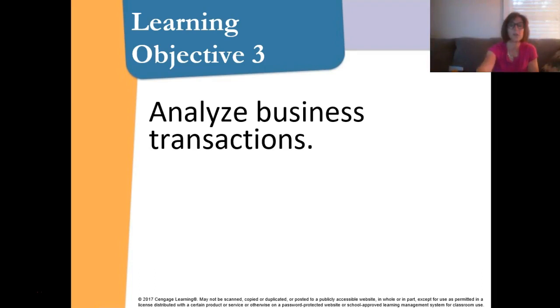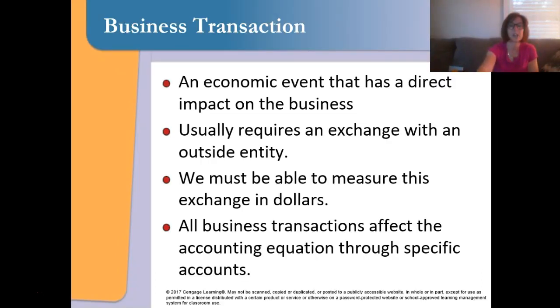And so we're going to look at some business transactions. A business transaction is some sort of an event that has an economic impact on our business. It could be as simple as a customer coming in and purchasing something from us, but it could get far more complex than that, and I don't want to confuse you by giving you examples of that.